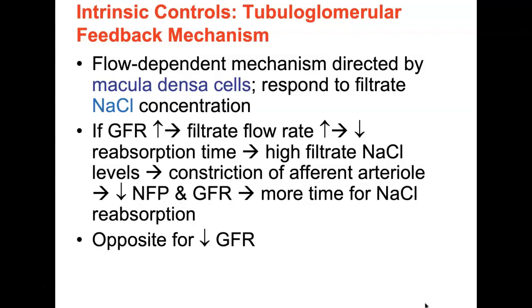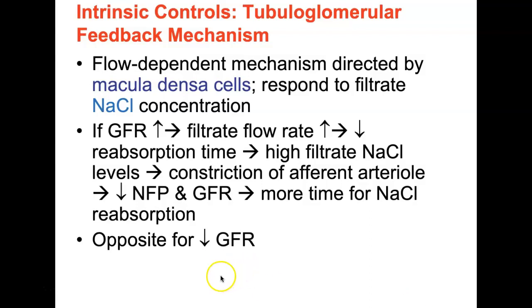The macula densa cells respond to high levels of sodium chloride in filtrate by releasing vasoconstrictor chemicals, some of which are ATP, and these chemicals cause intense constriction of the afferent arteriole, reducing blood flow into the glomerulus. This drop in blood flow decreases NFP and, of course, GFR, slowing the flow of filtrate and allowing more time for filtrate processing and sodium chloride reabsorption.